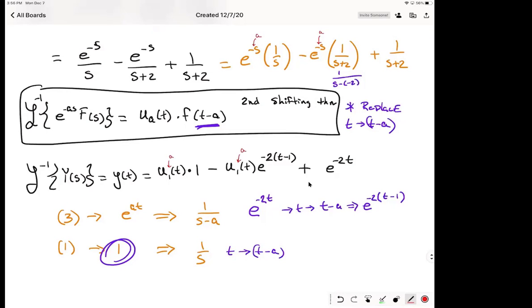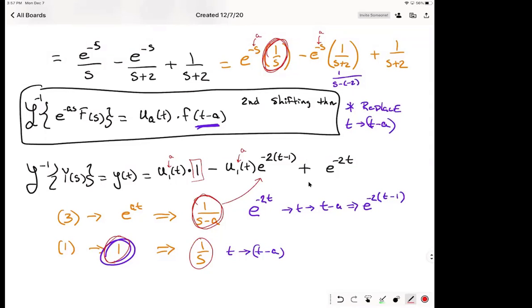And then the function, which is this part, came from the 1 over s transforms into 1. And there's no substitution, right? There's no t minus a in this case because there's no place to put that. But for the second one, this transforms into 1 over s minus minus 2.